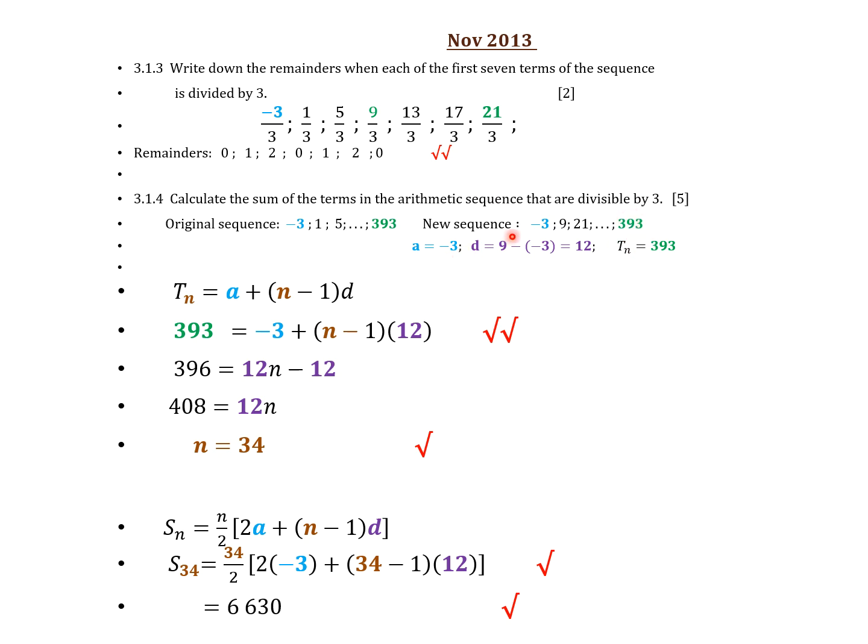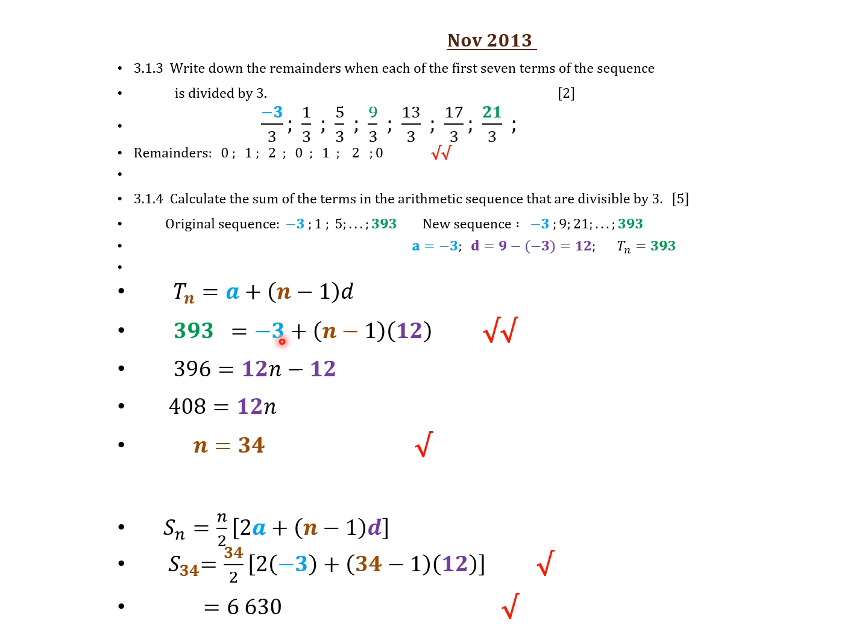So A equals -3, D is 9 minus -3, which gives me 12, and Tn equals 393. So A is -3, D is 12, and Tn is 393. So 1 mark for 393, another mark for -3 and 12. 12 times n, 12n, times 12 times -1, -12.